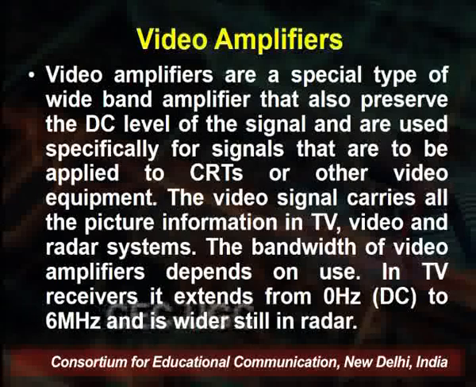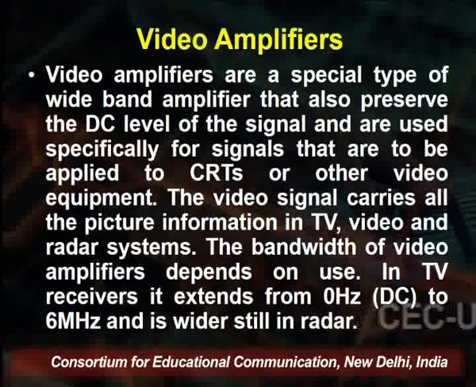The video signal carries all the picture information in TV, video and radar systems that will be displayed, and that will be amplified. So the bandwidth of the video amplifier depends upon the use and the pixels we are using, and in TV receivers it extends from DC up to 6 megahertz, or a wider range still in radar. Thank you very much.